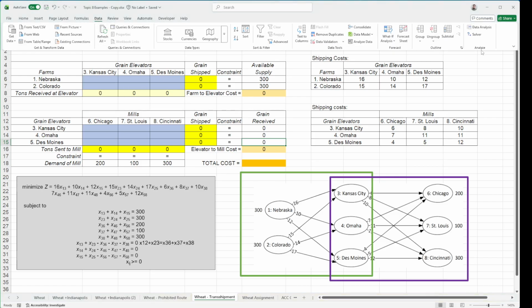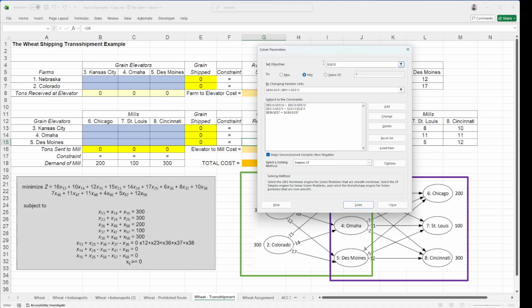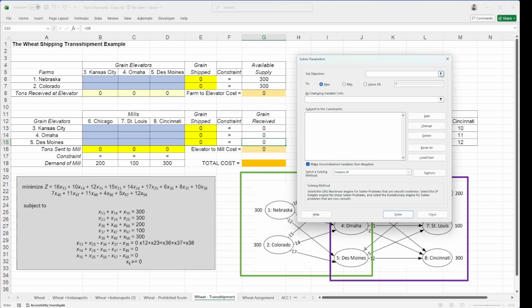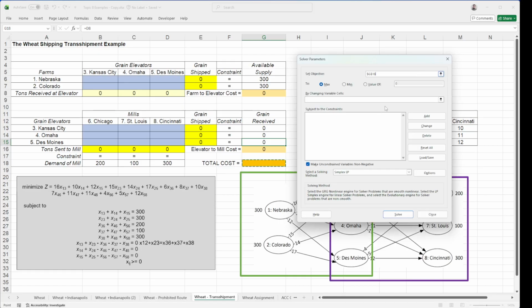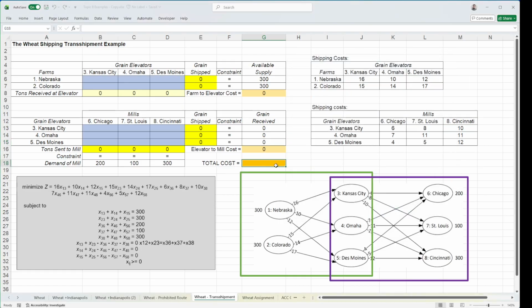We go to the data tab and click on the solver. Let me erase everything first. We have the objective being the orange cell. Oh, sorry, I forgot to put in the total cost, which would be the sum of these 2 light orange cells.